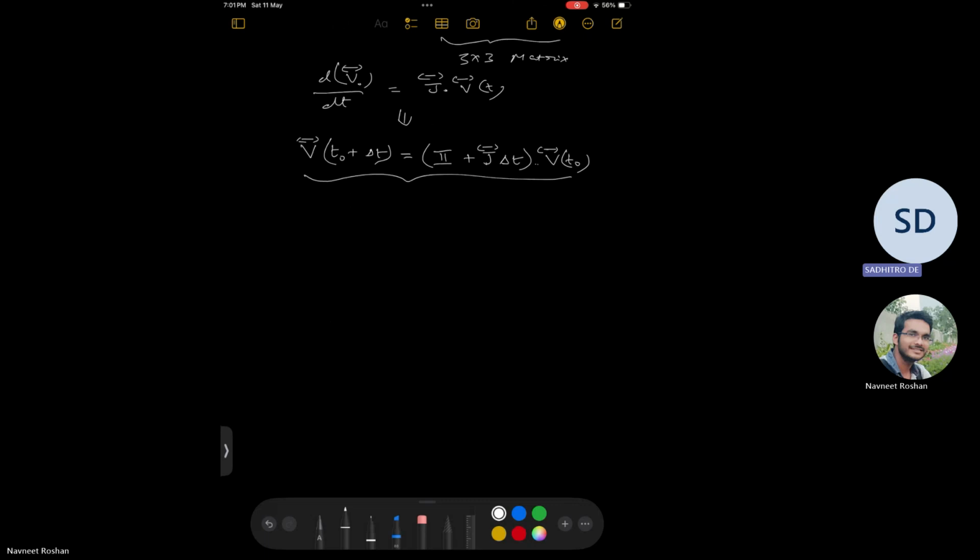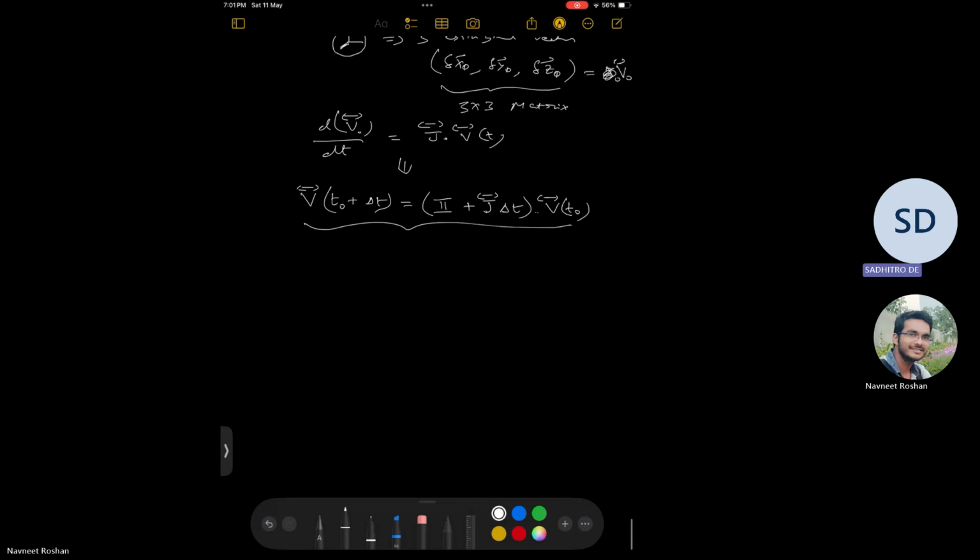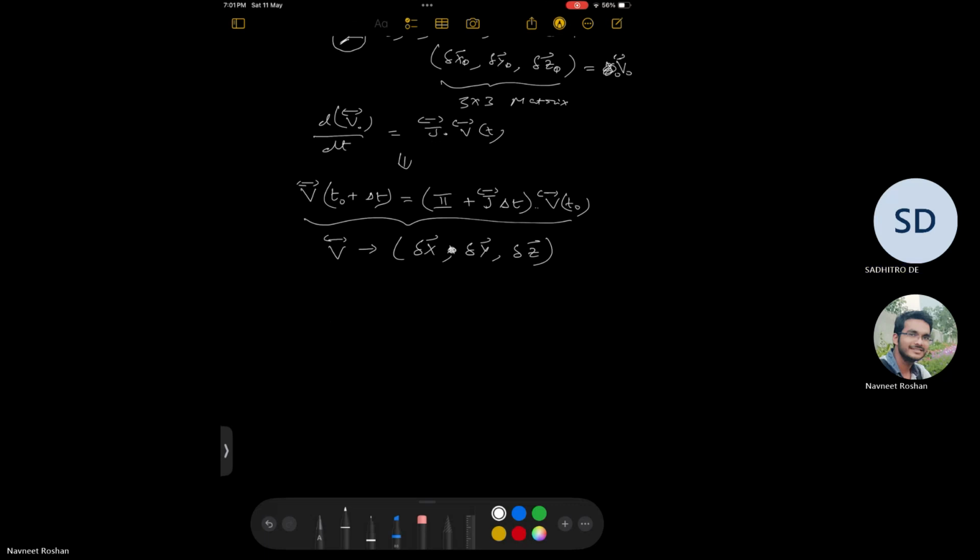The volume V is given by the three perturbation vectors delta x, delta y, and delta z. So after time delta t, these vectors which form this matrix V may not be orthogonal to each other.